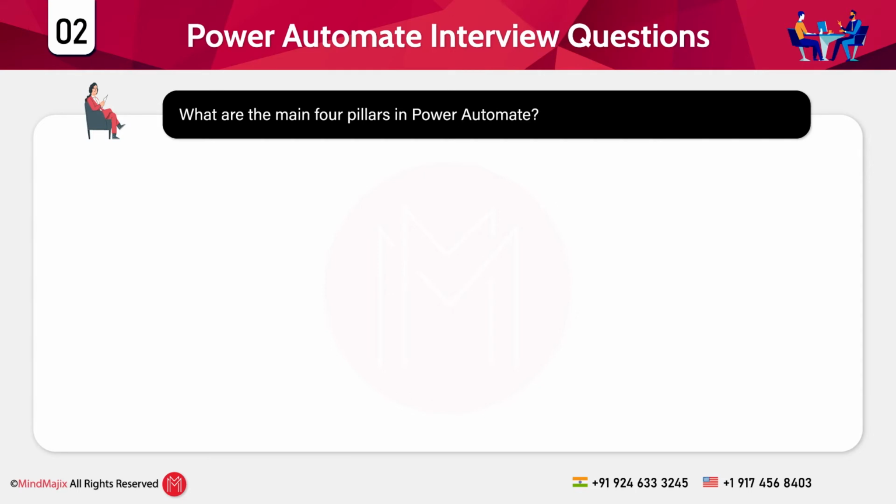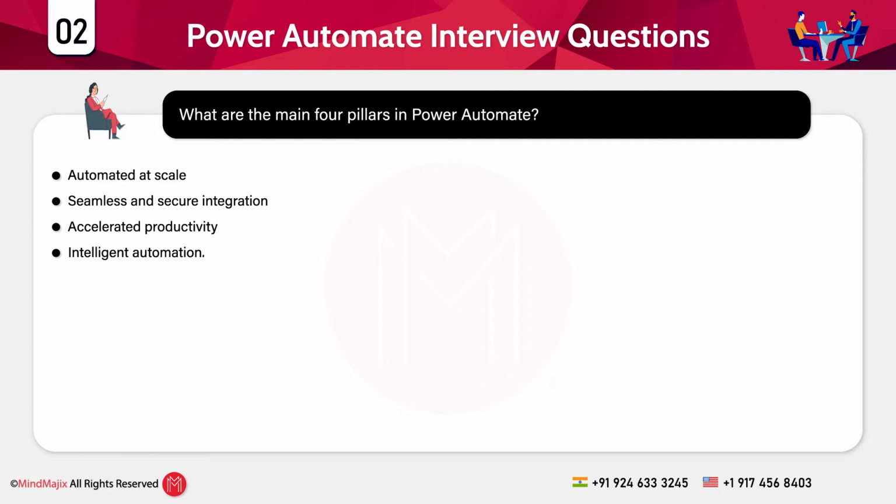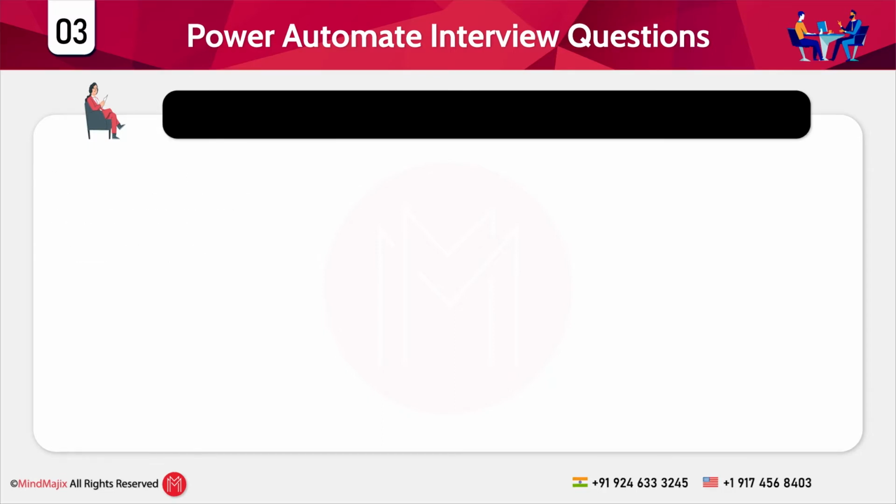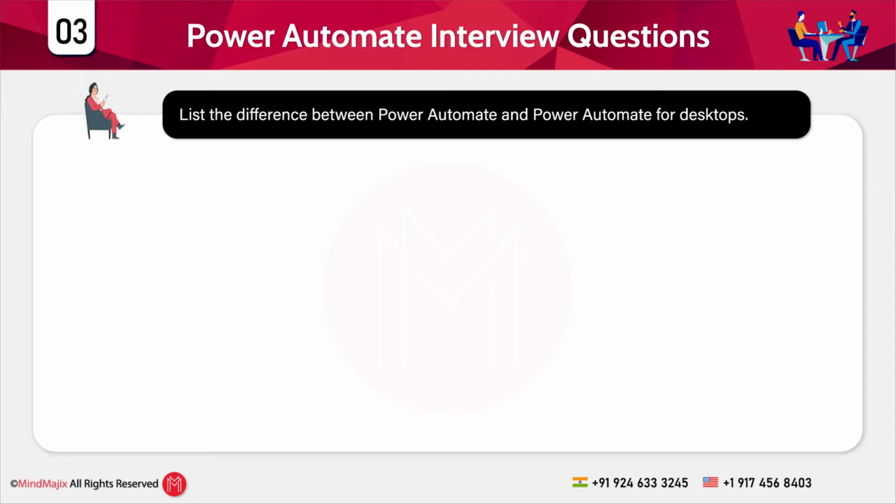As you can see on the screen, the 4 main pillars in Power Automate are automated at scale, seamless and secure integration, accelerated productivity, and intelligent automation. So the next question is, list the differences between Power Automate and Power Automate for desktop.